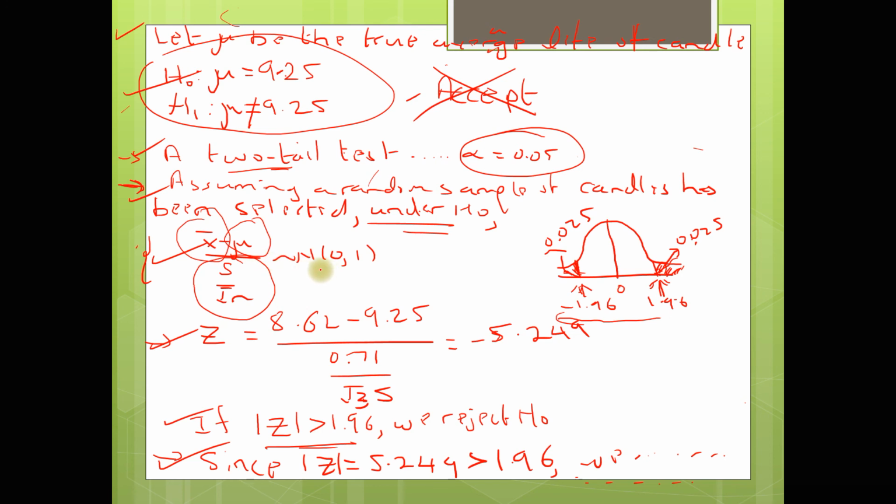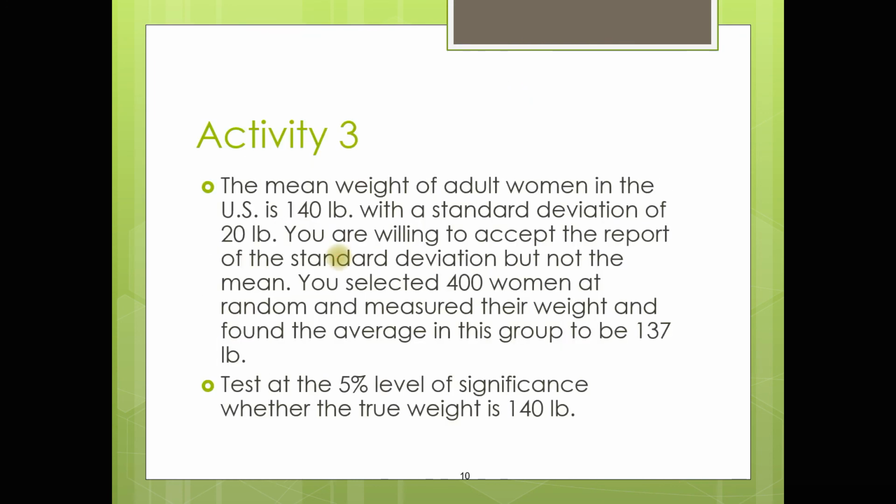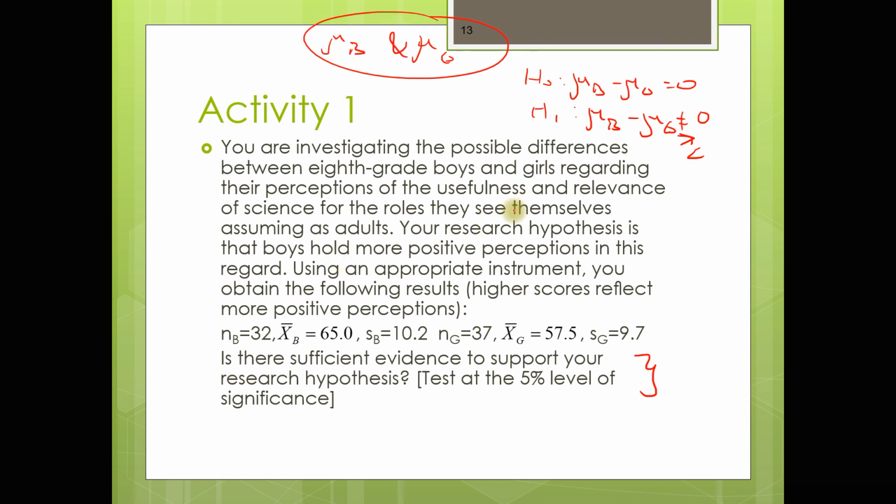So what is the general idea for coming up with your test statistic here? You need to find your point estimate, subtract your hypothesized value, but under H naught it is always going to be equal to 0 based on what we are doing in this course. We are not testing any other difference except for 0, because we just want to compare them. So you would have only the point estimate divided by the standard error.